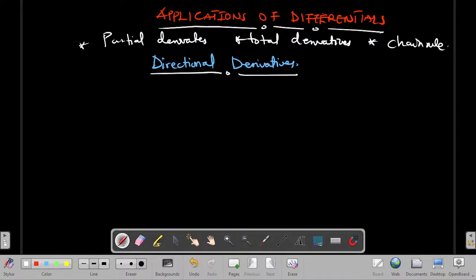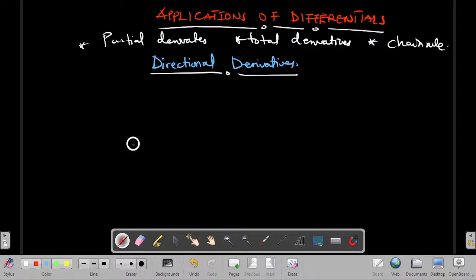Okay, so now generally, if you want to solve for directional derivatives, let me write the formulas here so that we appreciate it a while.